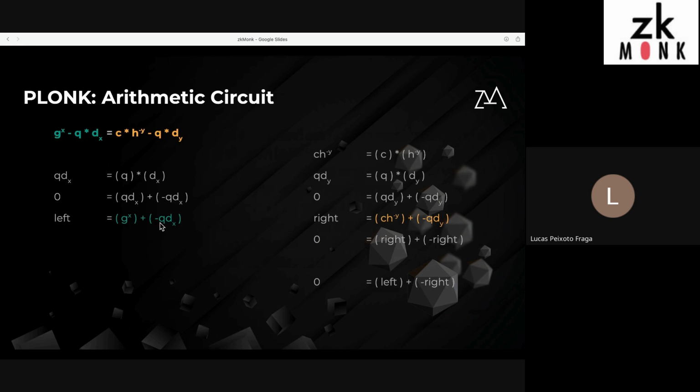And why I didn't put it right away here on this line? Because the original version of PLONK and a lot of versions actually just support addition and multiplication and other simple operations, but we don't have to support subtraction. To compute subtraction, we can compute the inverse of a value this way.